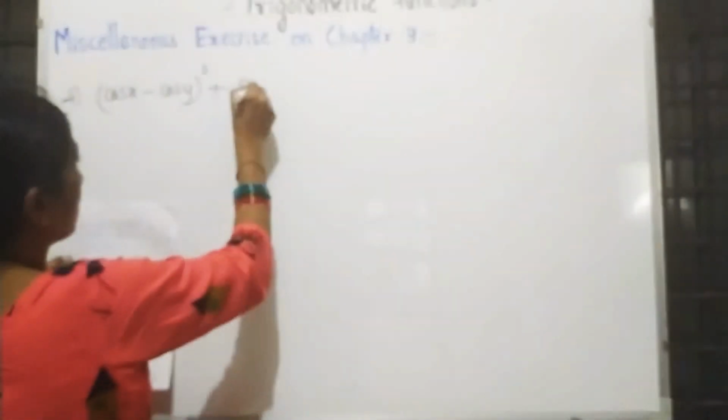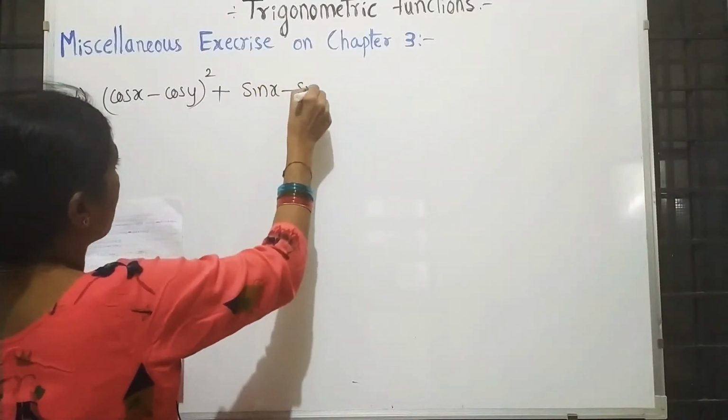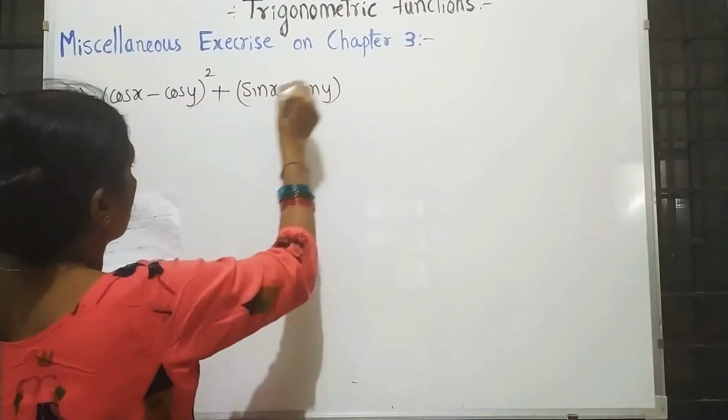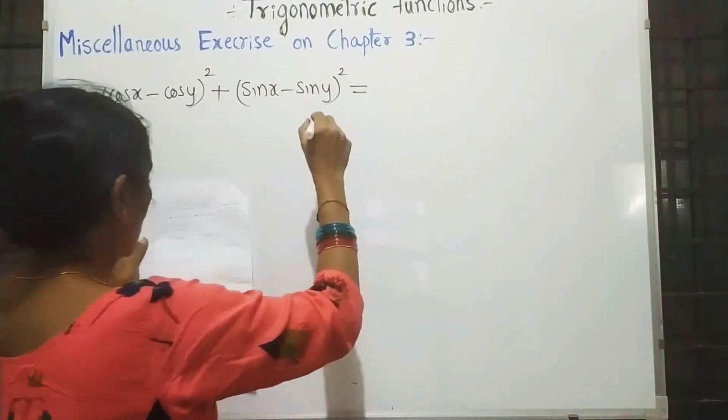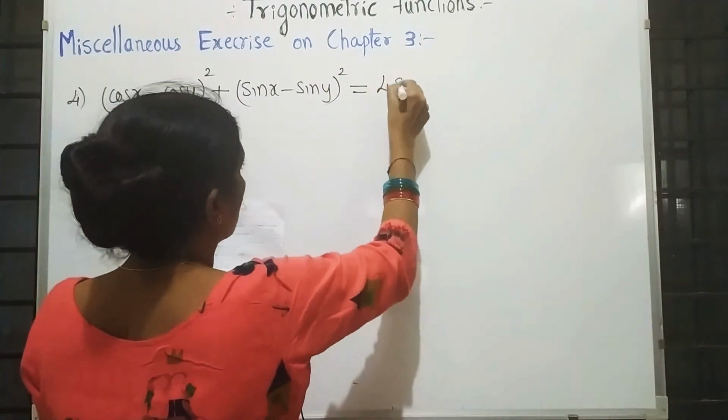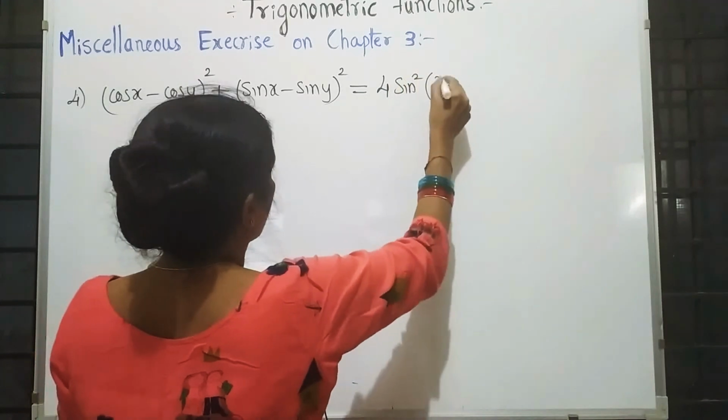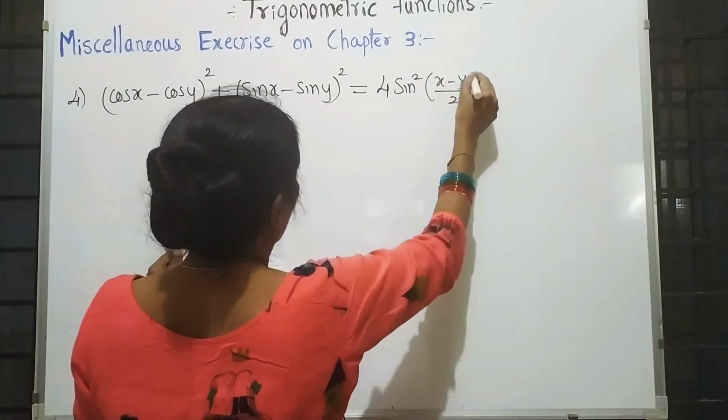Cos x minus cos y whole square plus sin x minus sin y whole square is equal to 4 sin square x minus y by 2. So start with the LHS. I will explain. As I told you, there are two methods. First I will explain one method, and for the second one I will give as a homework for the students.